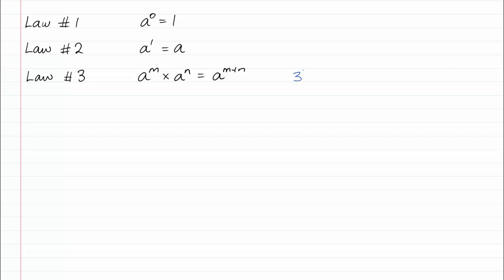So let's imagine we had 3 to the power of 4 times 3 squared. According to the law, this would equal 3 to the power of 4 plus 2, which will equal 3 to the power of 6.